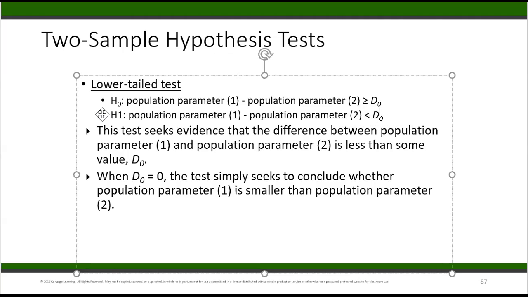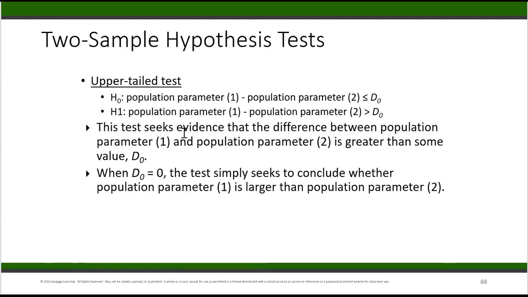If that is our research question, this is called a lower-tailed test. And if the difference between population parameter 1, the first one, and the second one is strictly greater than a certain hypothesized value, that would be a case of an upper-tailed test. All right.